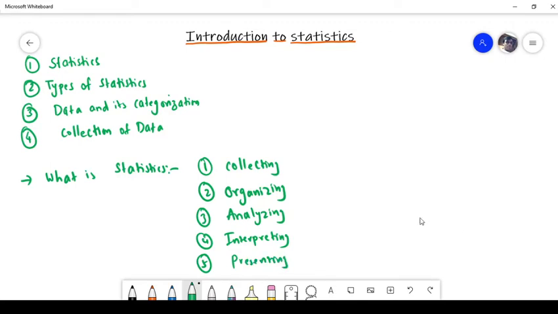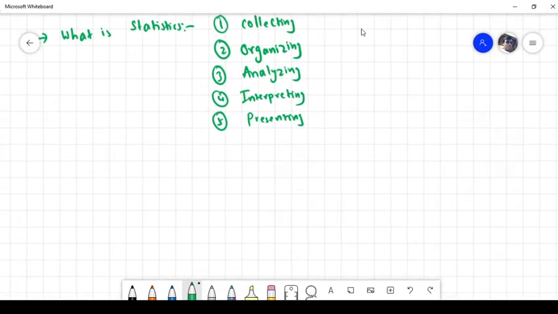So, statistics is a process of collecting, organizing, analyzing, interpreting, and presenting the data is called as statistics.